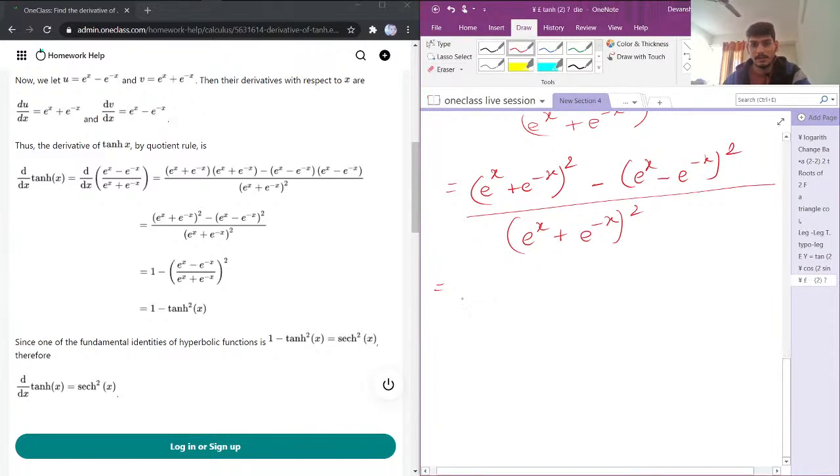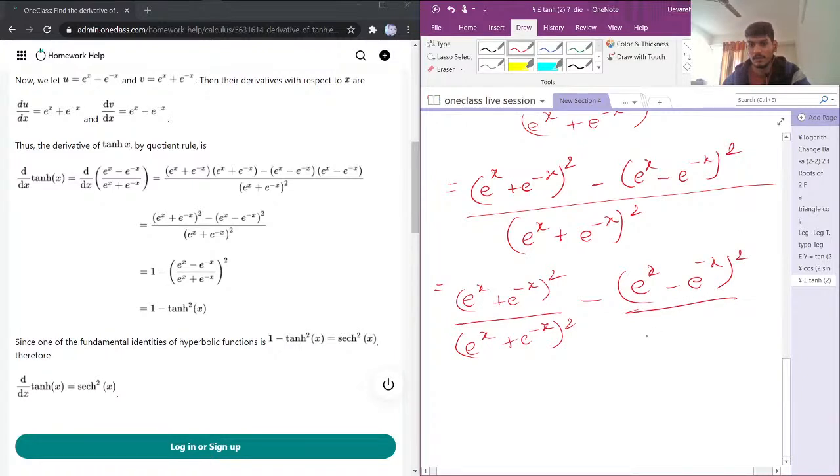We'll just separate this, e power x plus e power minus x whole square over e power x plus e power minus x whole square. This was the simplest approach. I was unnecessarily opening this square.